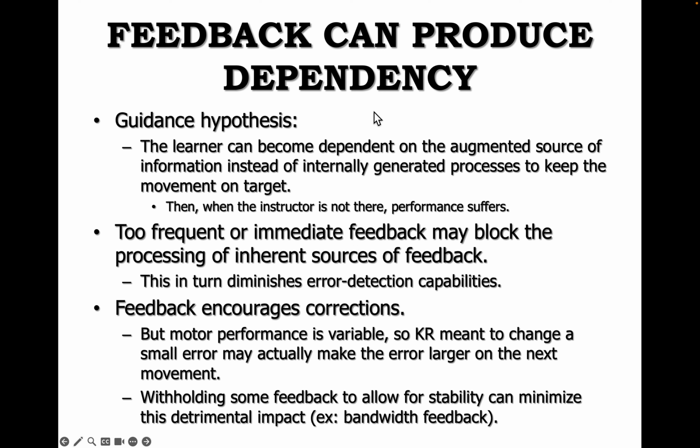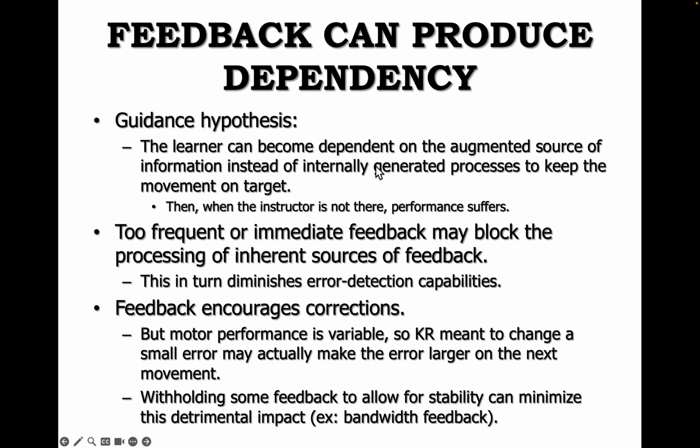Another important point to note here is that feedback can produce dependency on that particular feedback. And this is due to the guidance hypothesis, meaning that the learner, the student or athlete, can be dependent on the source of the feedback instead of developing their own skills within themselves to self-learn and to self-correct their skills.